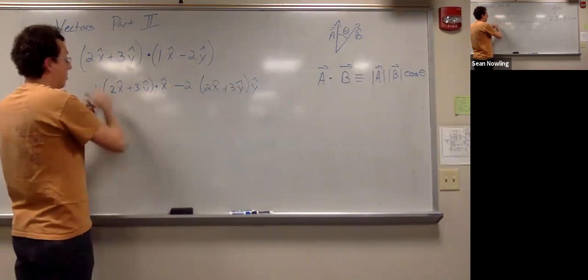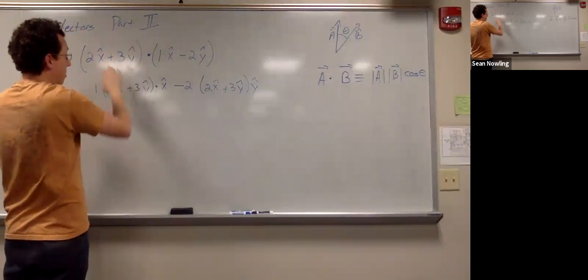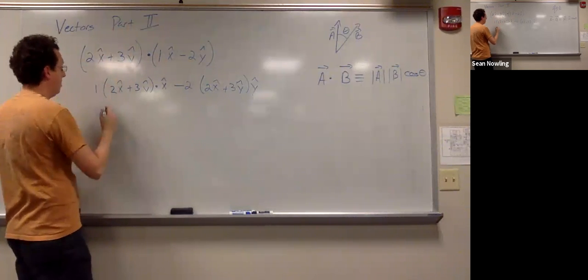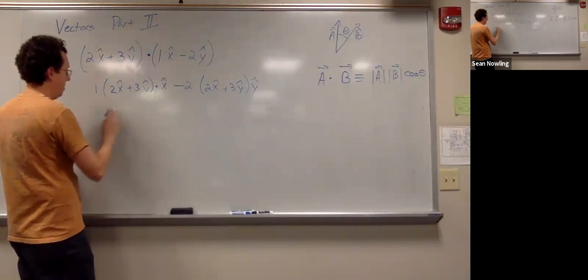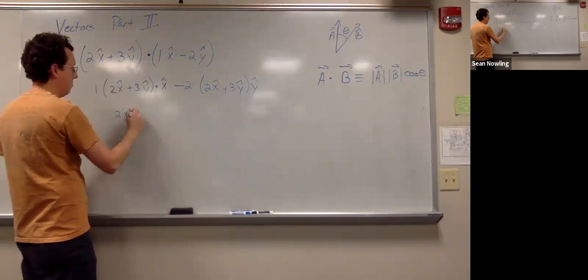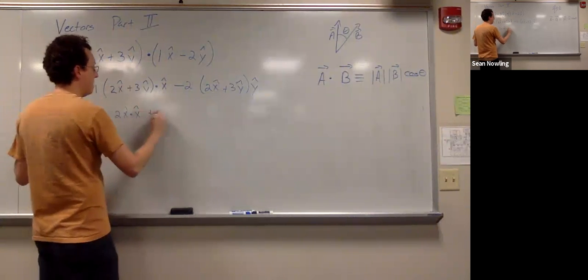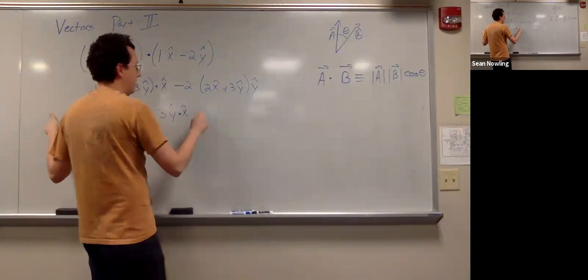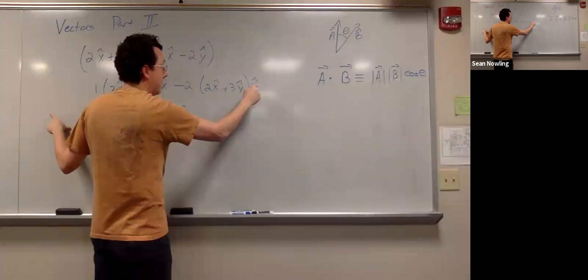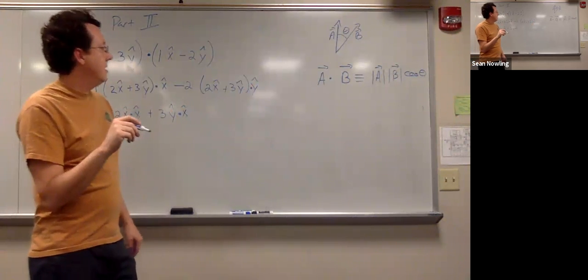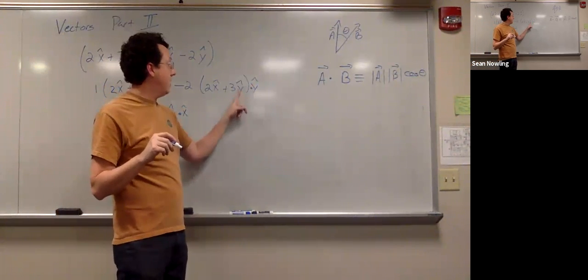Well, because it's commutative, because I can do it in either order, just like I can distribute to the right, I can distribute back to the left. So I'm going to distribute back here, and I'm going to get 1, well, multiplying by 1 doesn't do anything. So I end up with 2x hat dotted with x hat plus 3y hat dotted with x hat. Distribute that. Oh, there should be a dot product there. You've got to be really careful to put the dots there, because it basically makes no sense to just say x hat, y hat.